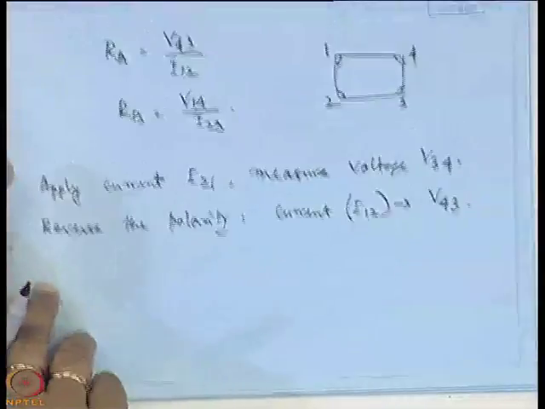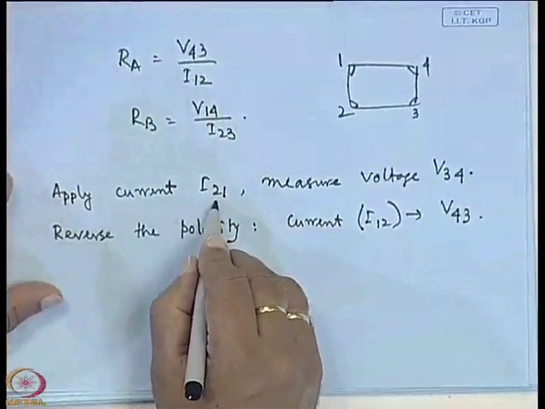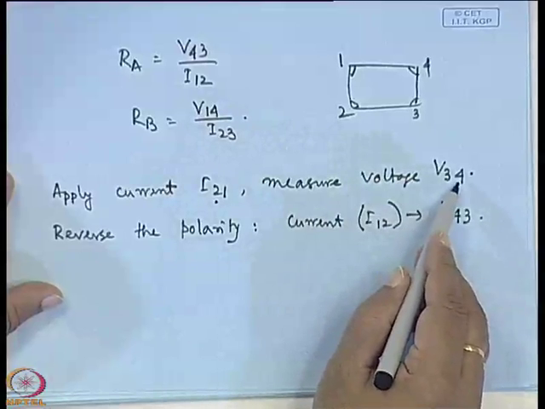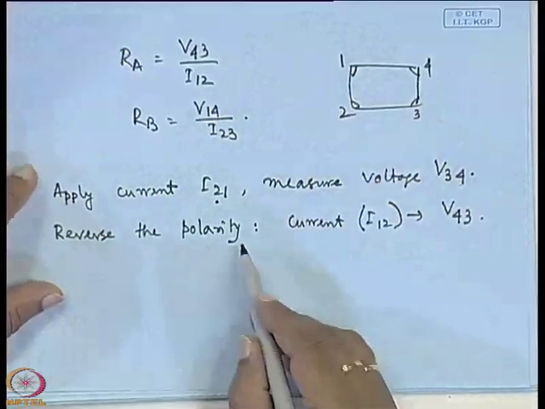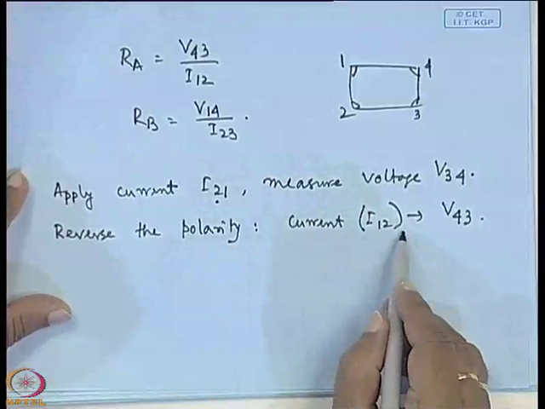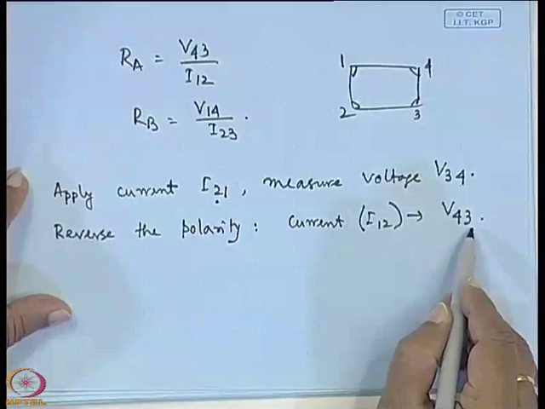Similarly, the voltages: you are giving the current and the corresponding voltage you are recording. So, for voltage measurements, apply current I12, measure voltage V34 under this configuration; reverse the polarity, current will be I21 and the voltage will be V43.